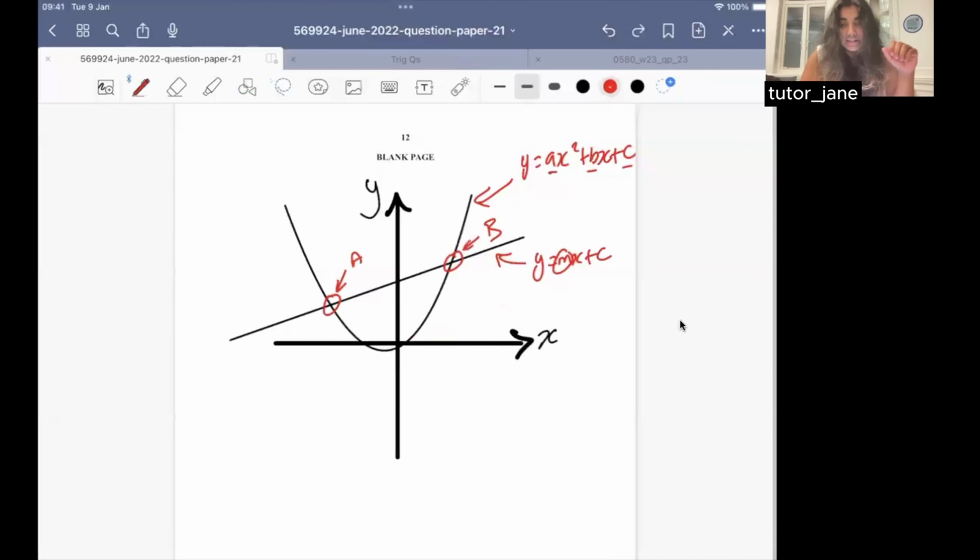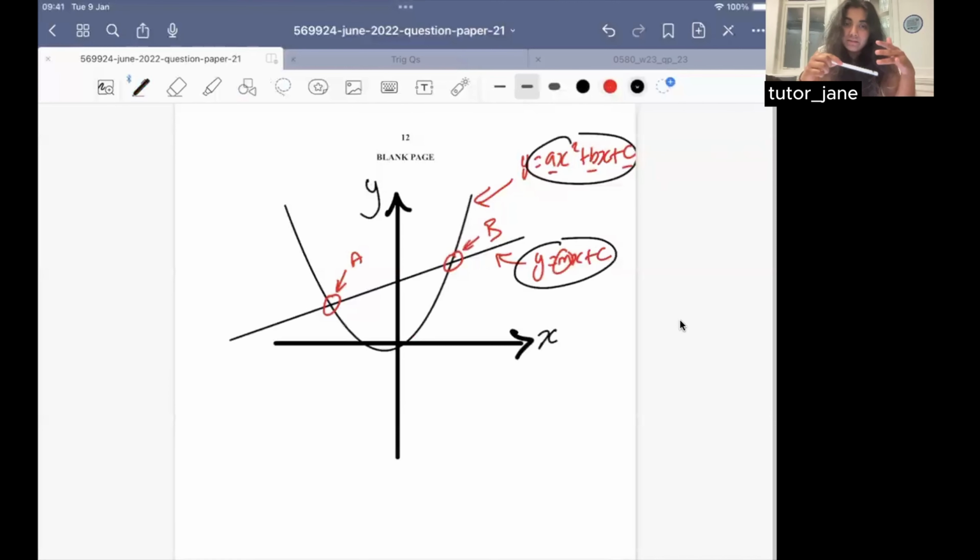But in our particular case, we've been told that there are two solutions because the line graph intersects the U-shaped parabola at 2 points A and B. Now the question says to work out what A and B are. To do this, all we have to do is take the equation for our quadratic graph, our ax squared plus bx plus c, and make it equal the equation of our line graph.